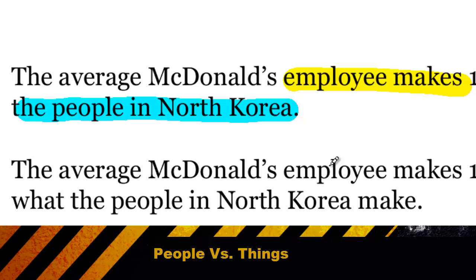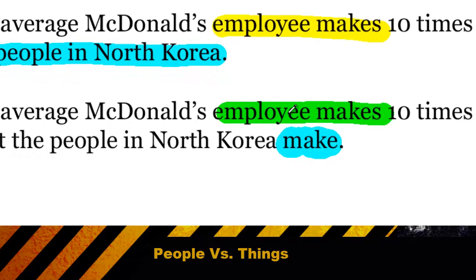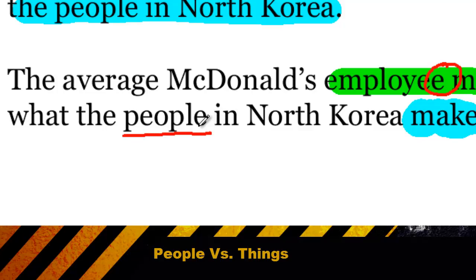In the second example, we try to fix that, but we're not completely successful. We compare what employees make, and then by adding the make at the end of the sentence, we clarify that we're comparing what employees make in America to what employees make in North Korea. But we still have an issue with singular versus plural, because an employee, that's singular, and people is plural.